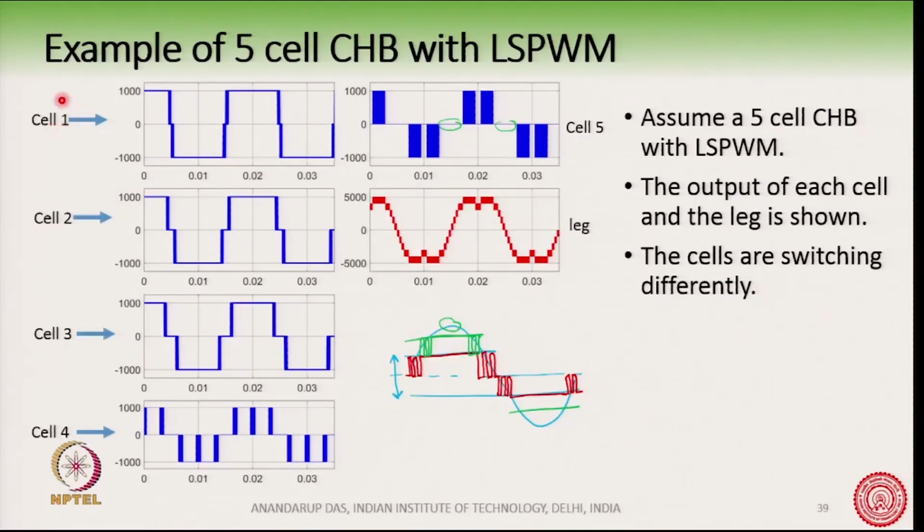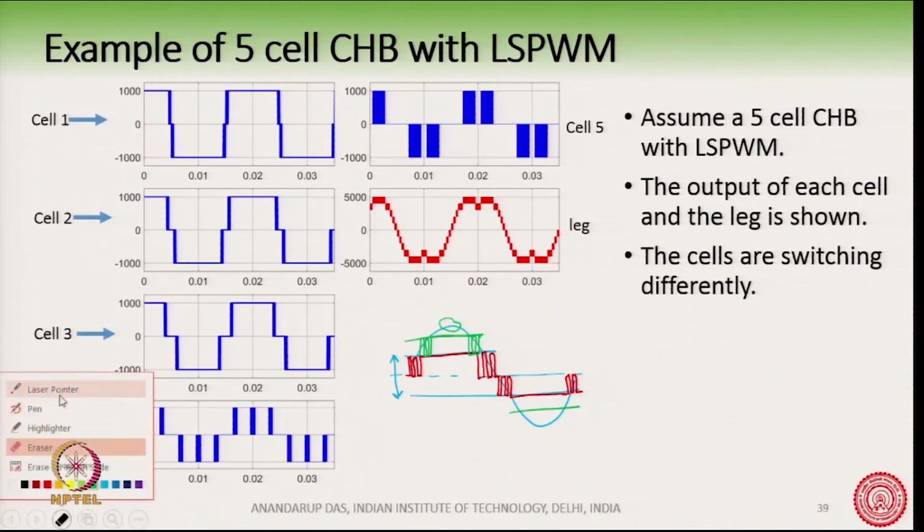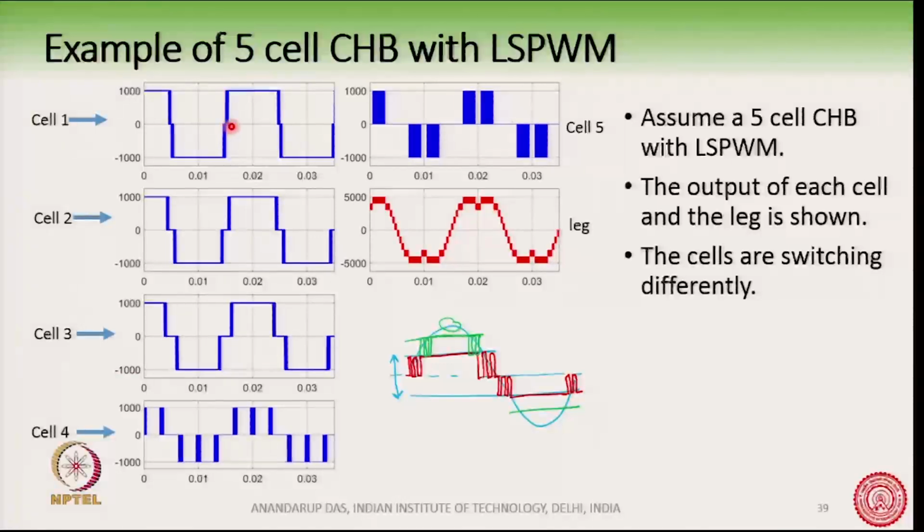If you compare the output waveform of cell 1 and cell 5, you can very readily see that the losses of cell 1 and cell 5 are markedly different. For example, cell 1 has a switching loss here and a conduction loss here, because it is clamping the voltage there. So, there is a conduction loss, whereas cell 5 is not switching at all, it is 0 voltage here and there is a lot of switching here.